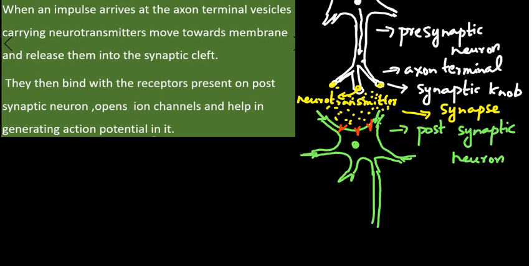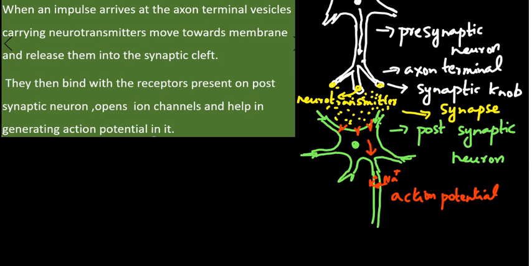And then this will help in the conduction of nerve impulses in the postsynaptic neuron. The ion channels will open, the sodium potassium pump will start getting activated. So conduction of nerve impulses will follow after that, leading to an action potential of the postsynaptic neuron.